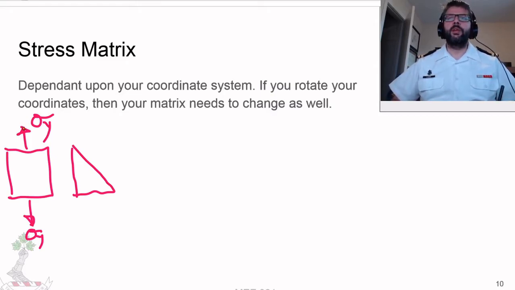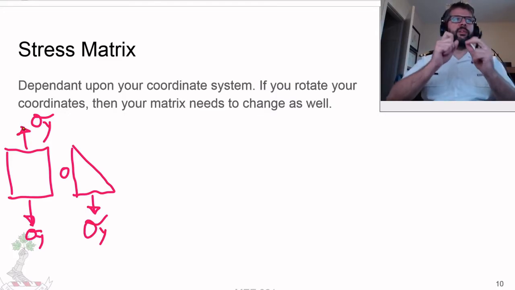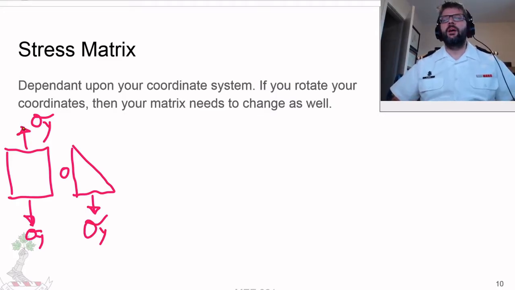There's still going to be zero force on this face, and there's still going to be the same amount of force on this face, the sigma y times the infinitesimal area. And then we just need to have that in balance.